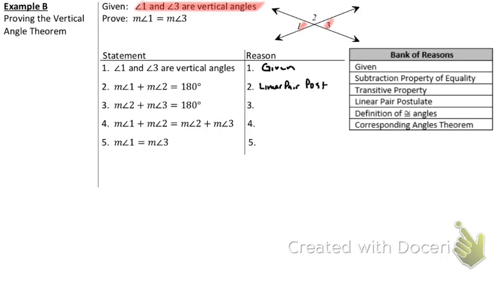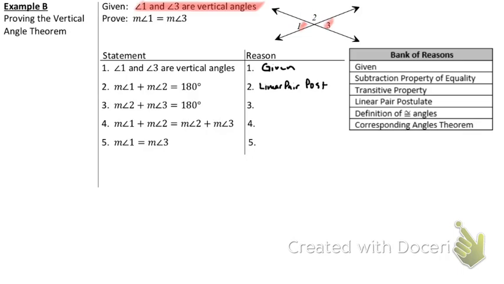Okay. Now let's move on to step 3. Again, try to get 2 to go to 3. And if you can't really get an idea of how to get from 2 to 3, then maybe 3 came from the drawing again. So let's look at the drawing here. And again, we do have another linear pair.